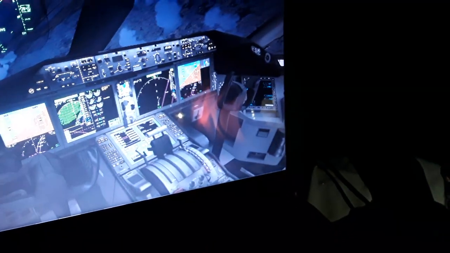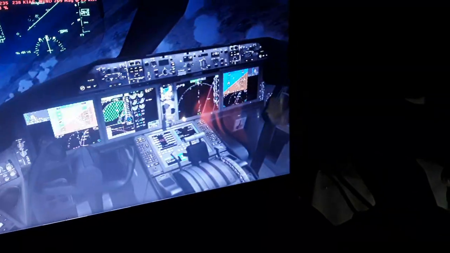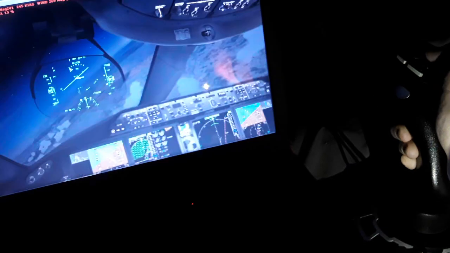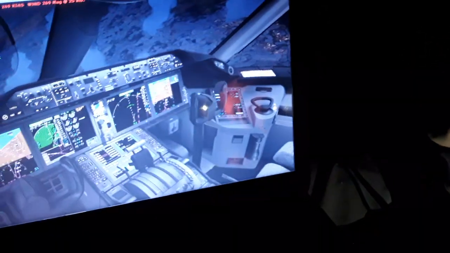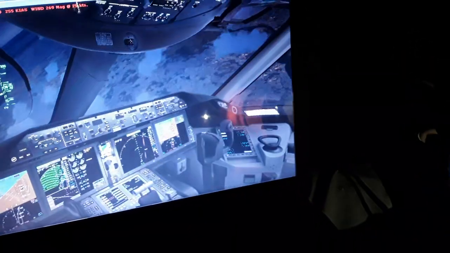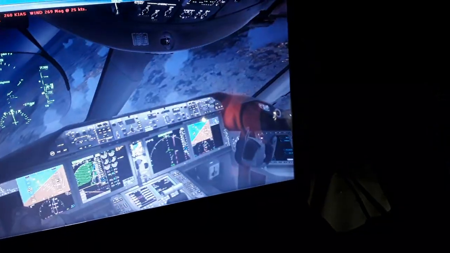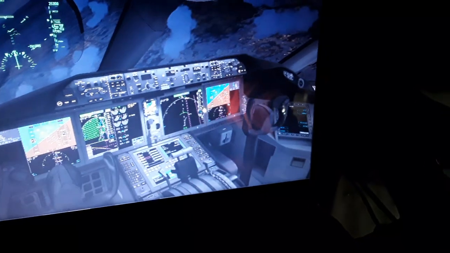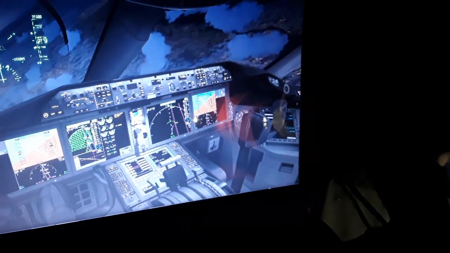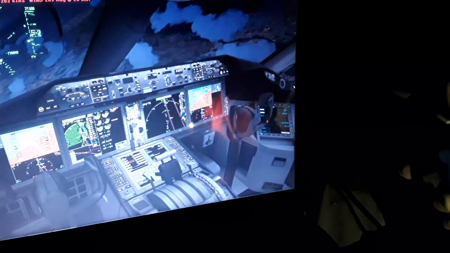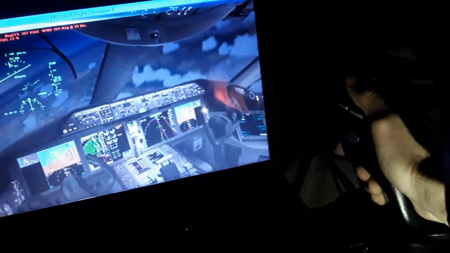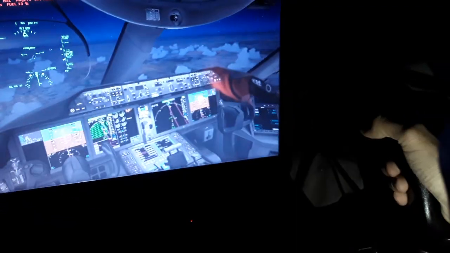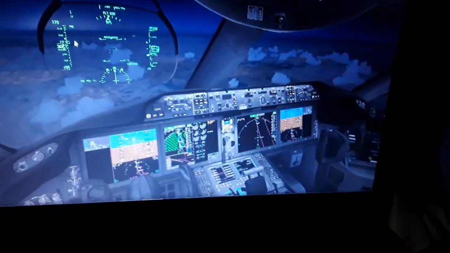So we are 28,000 already. You can see we're taking the turn here. Back home. Need to complete the turn first, back to the flight plan. So here we are aligned right now. And we have 8 more minutes to get into the home.